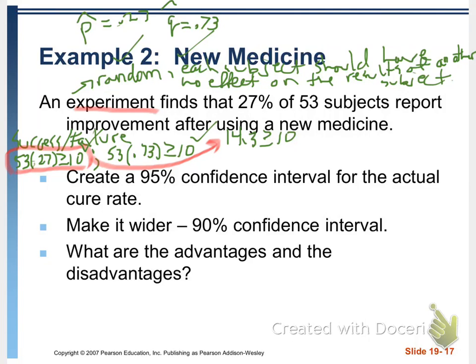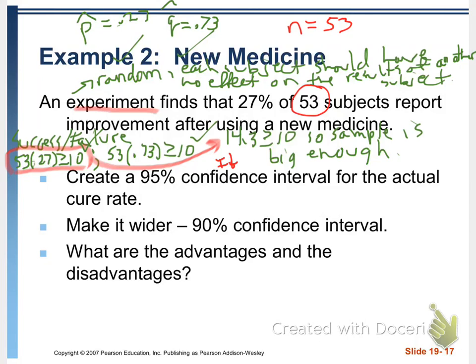So we know that we have a big enough sample. The only other thing we have to do is the 10% condition. Well, we had 53 subjects in our sample, and n equals 53. Okay, and so we just have to check.